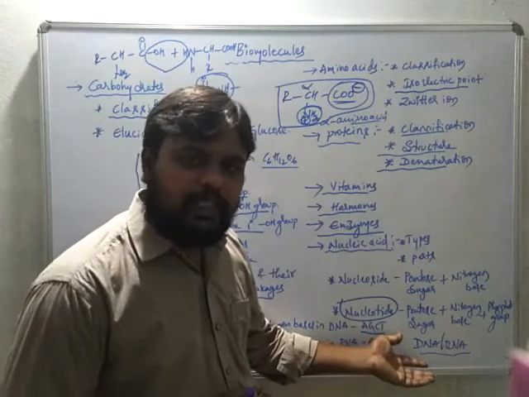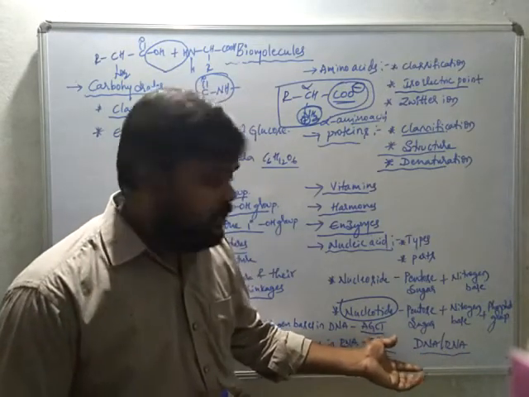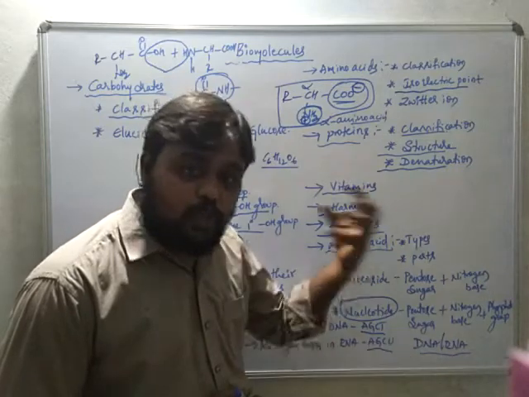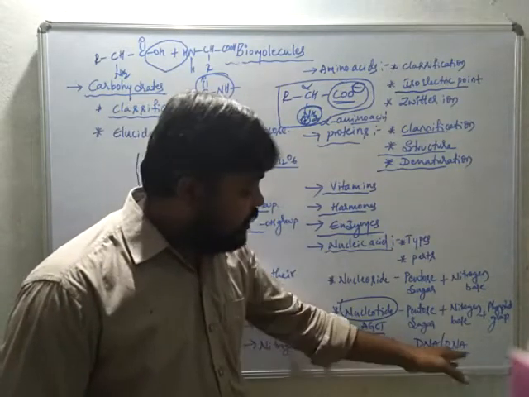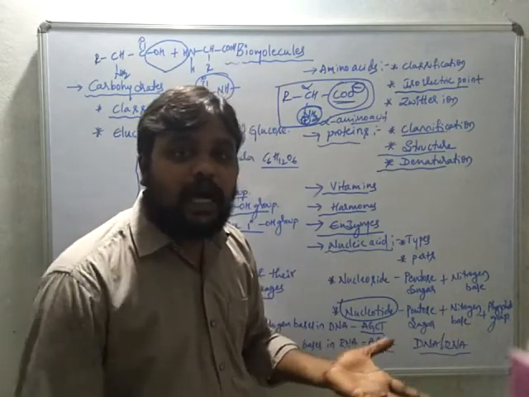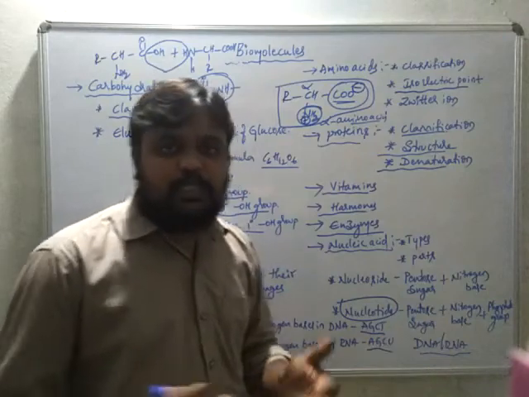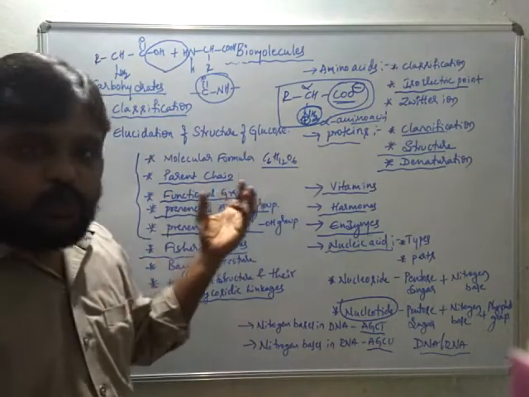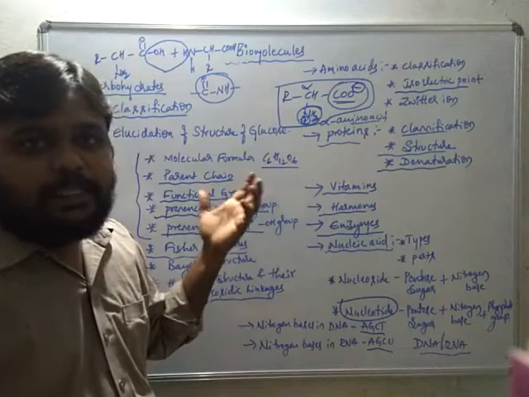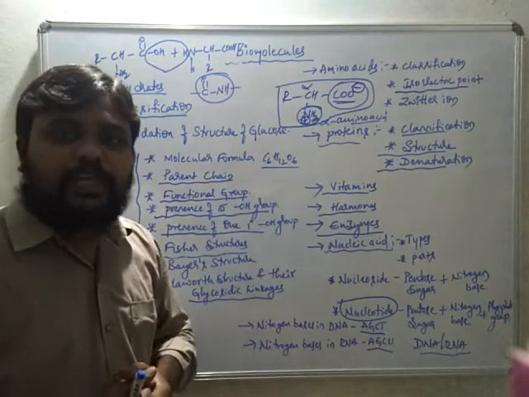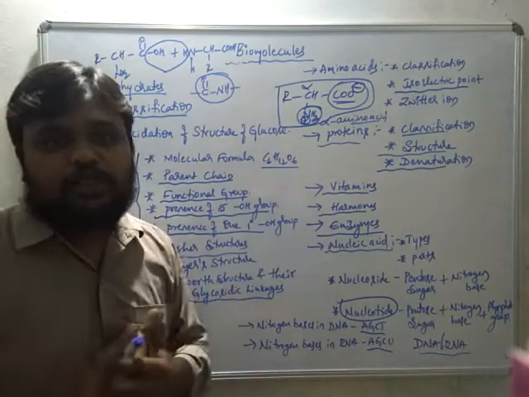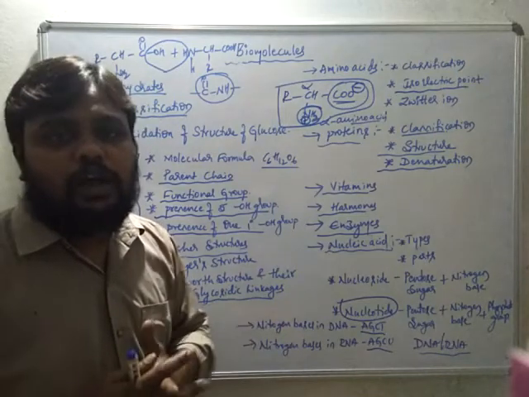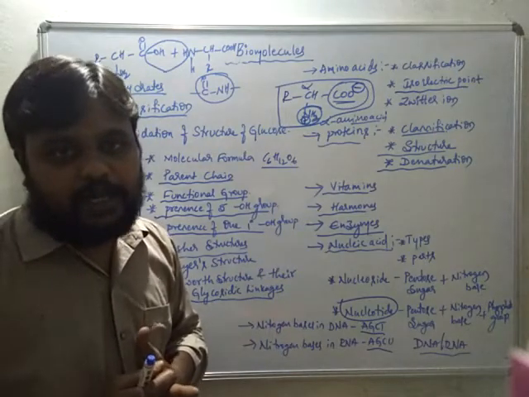The main biological importance is that DNA is used to store the genetic information, whereas RNA is used to synthesize the protein. These are a few points I am giving regarding the biomolecules. If you go through various textbooks and synopses, you may get plenty of information regarding the biomolecules.